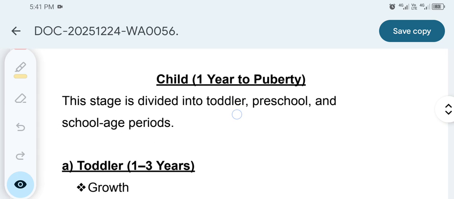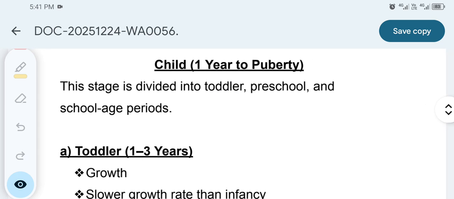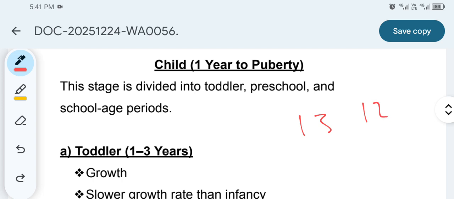Let's go to another parameter, a child. A child, who is a child? A child is someone who is a year old until they reach puberty. So now puberty is reached around 13 years, 12 years. Okay?